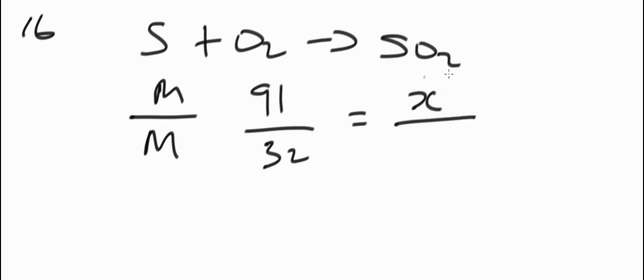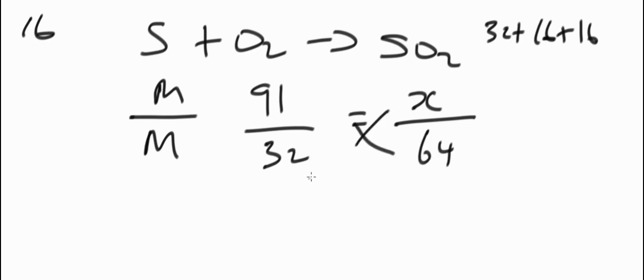So the molar mass of sulfur oxide will be, the relative atomic mass of sulfur is 32, so it will give you 32 plus oxygen, we have 2 atoms of oxygen here, that's plus 16 plus 16. So if you add everything together, you're going to have 64.